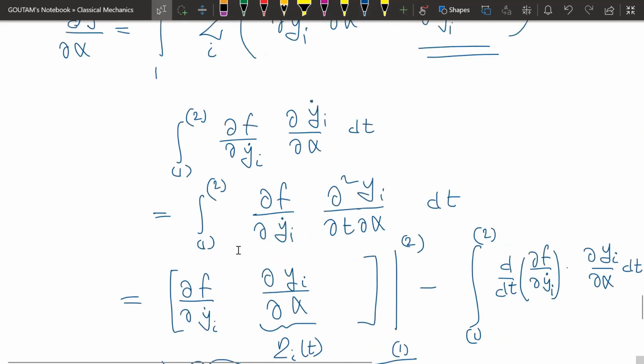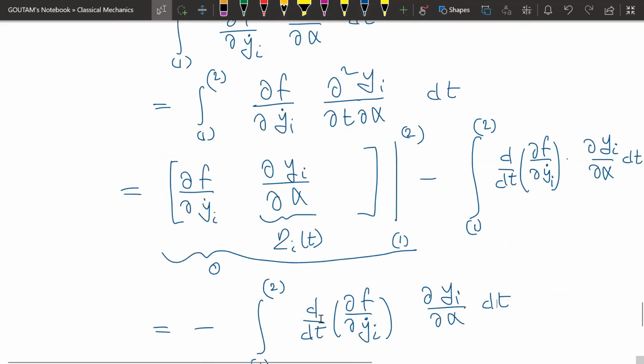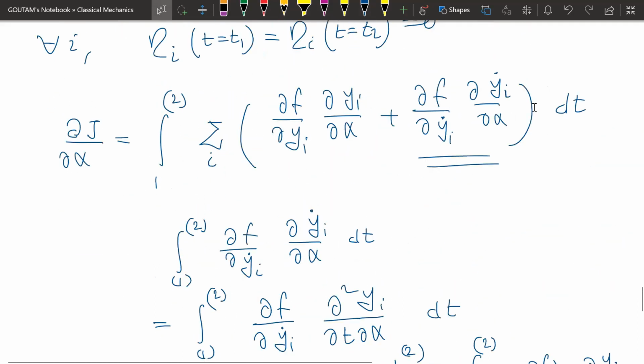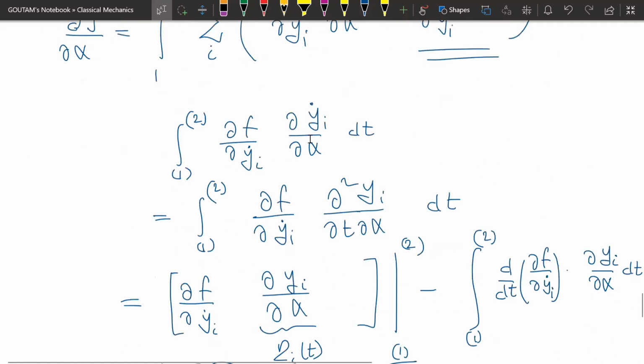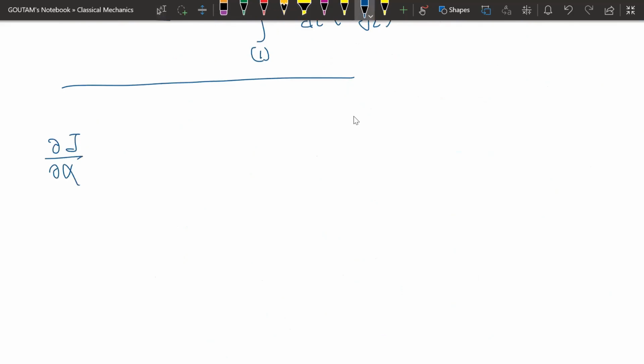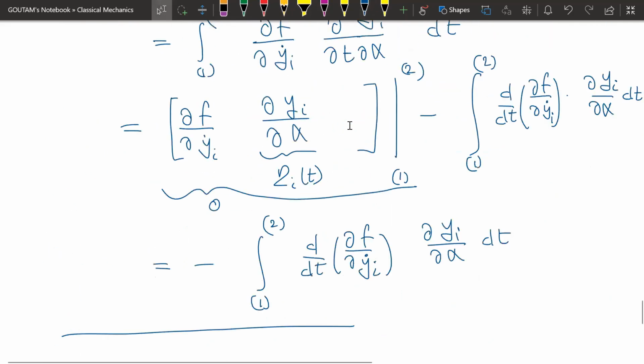There is a minus sign here. Now put this value into this ∂J/∂α. Then what will we find?